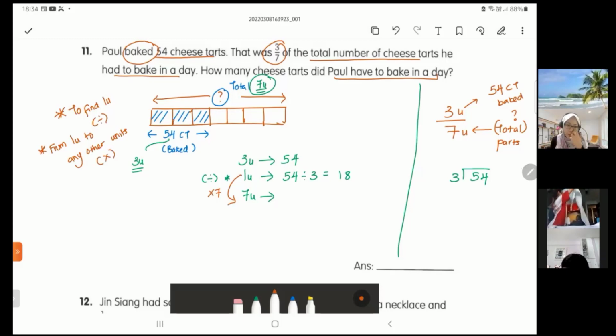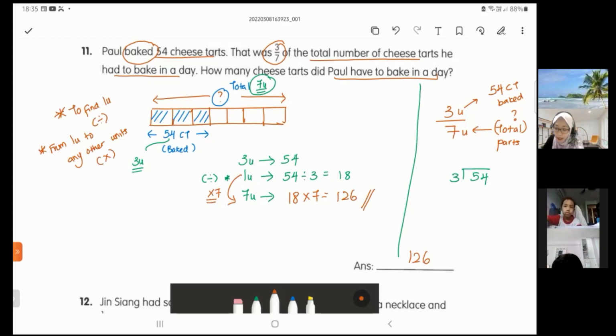This is a very important note I need to tell you all. Later on, you need to copy, okay? If I times 7, so here is 18 times 7 equals 126. Answer: 126. Understand? Okay.